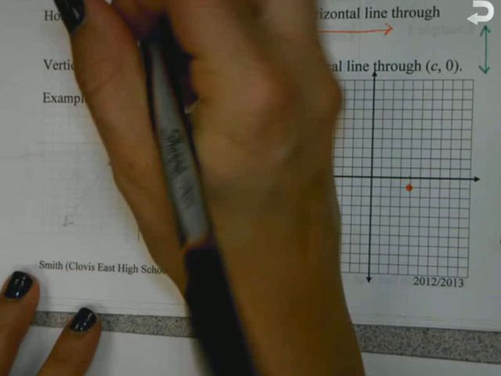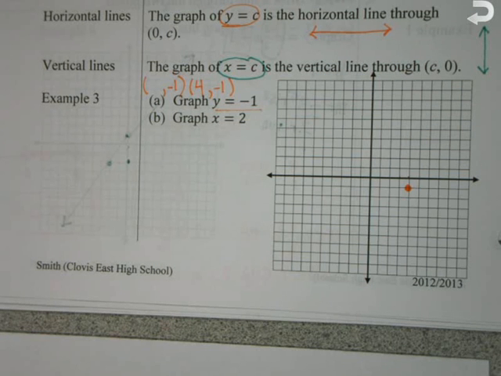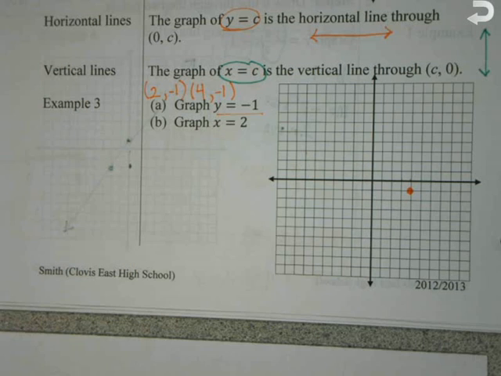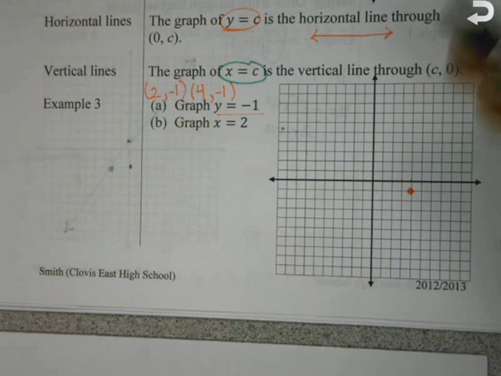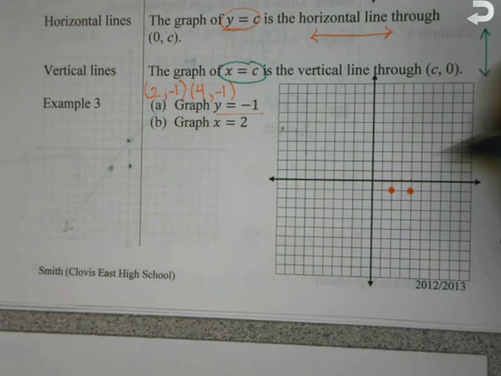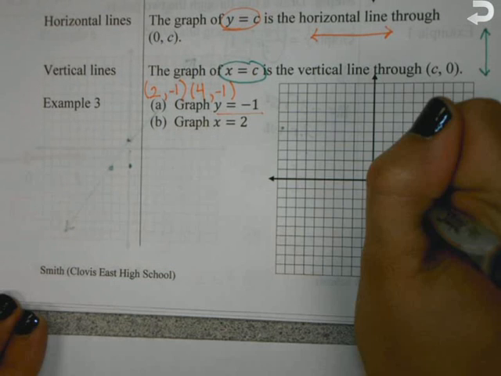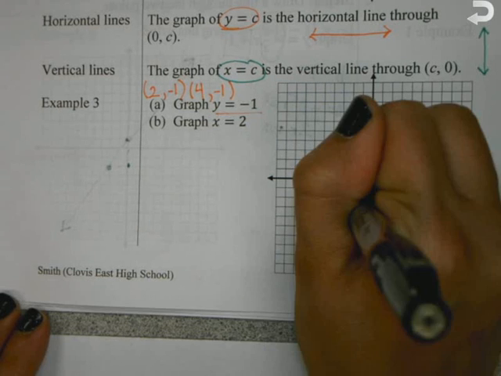Somebody give me another x. 2? I'm surprised nobody picked 0. 2, -1, that's 1, 2, down 1. Is that enough points to draw the line? Yeah, so draw a line between the two. Okay, and it's a horizontal line.